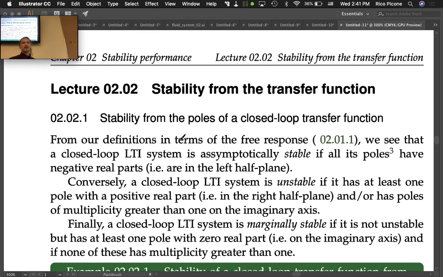From our definitions, in terms of the free response, we see that a closed loop LTI system is asymptotically stable if all its poles have negative real parts. That is, they're in the left half plane.